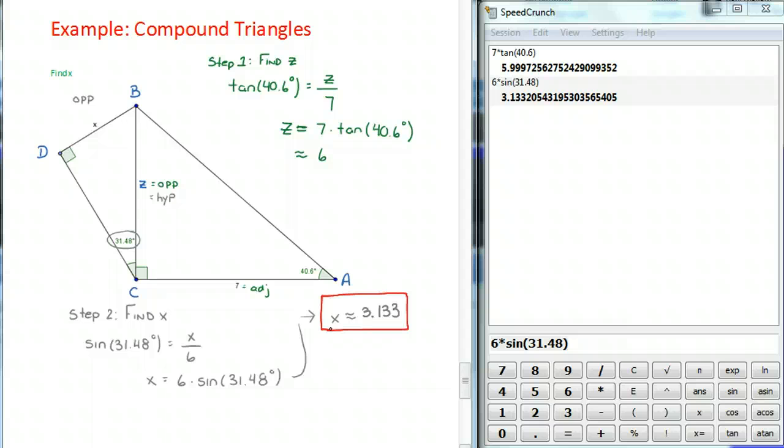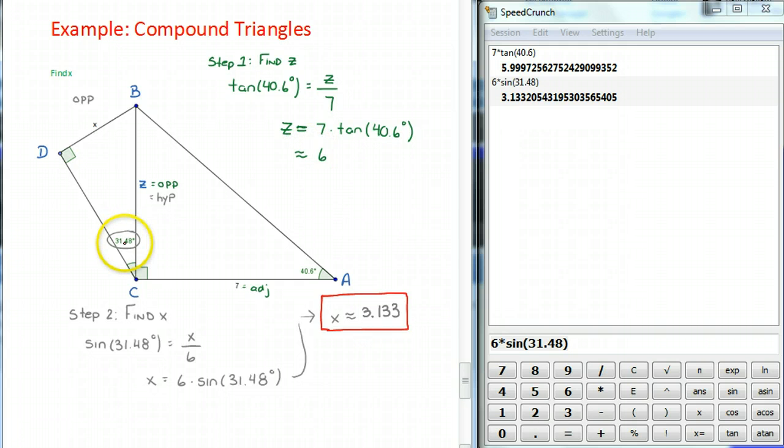If angle A is 40.6 degrees, we know angle ABC has to be larger than angle A, so therefore Z should be less than 7, because since this angle here is larger than this angle here, this side here should be larger than this side here. That makes sense.